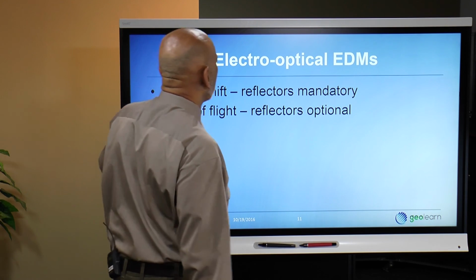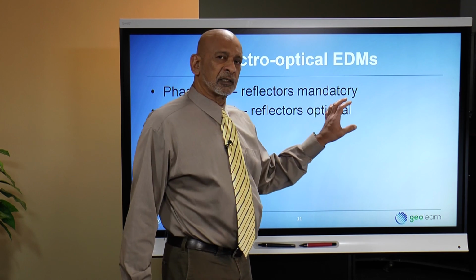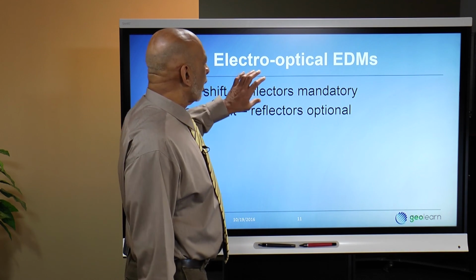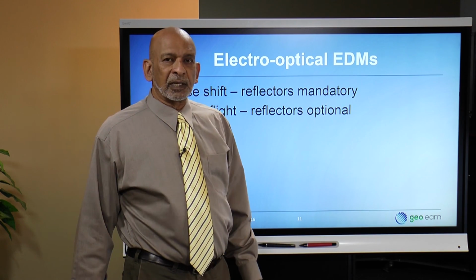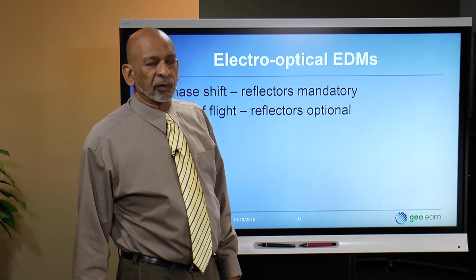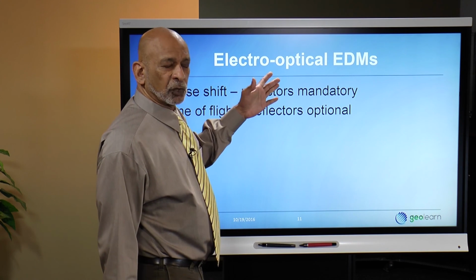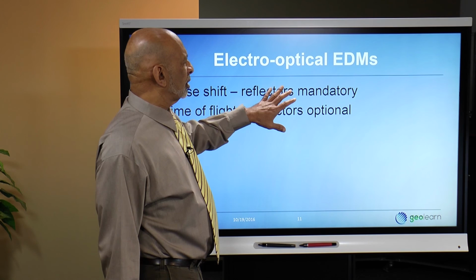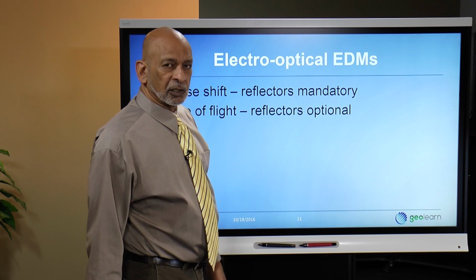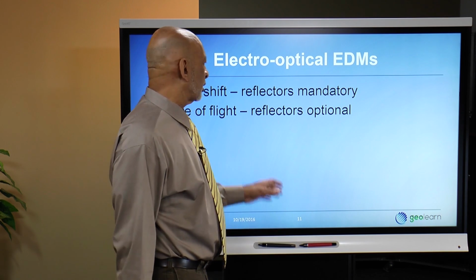Phase shift EDMs have to use reflectors of one kind or another. You might be able to get away with a tail light style reflector or reflective tape. It's an extremely short distance, but for most practical surveying distances, you pretty much have to use a retroprism.